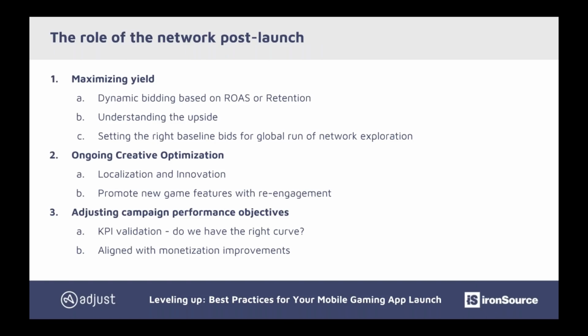Thanks, Warren. At this stage, like Warren mentioned, this is about really maximizing the yield and scaling up globally. And in order to achieve that, the best practice is around maximizing each pocket, each dimension of supply you're getting based on the performance. And you want to be able to dynamically bid on those dimensions based on the KPIs.